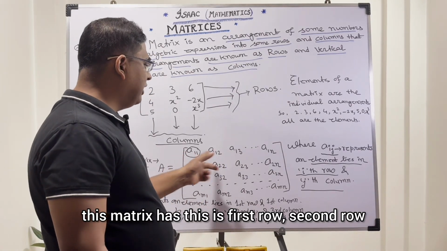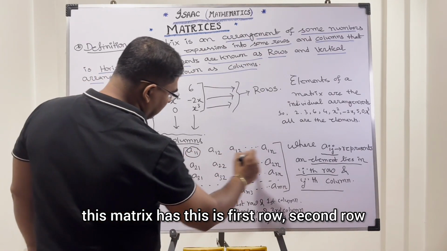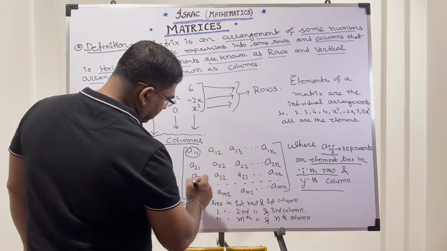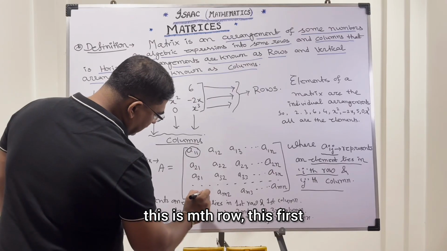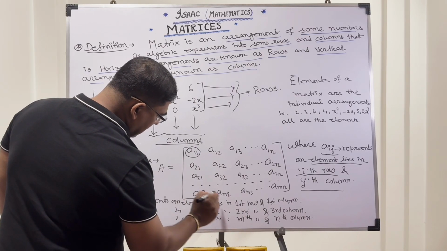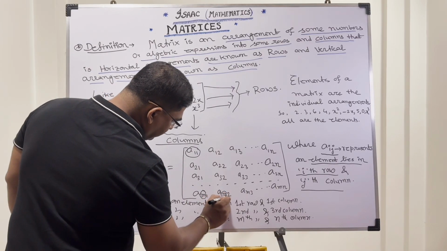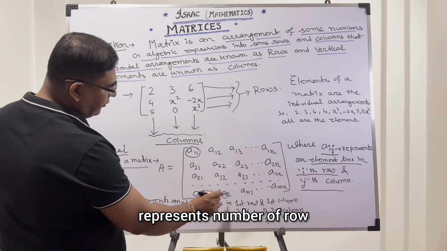So this matrix has, this is first row, second row, third row, continuing, this is mth row. This first number represents the number of the row.